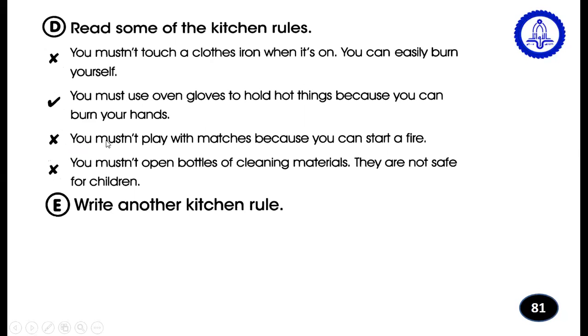Third sentence: you mustn't play with matches because you can start a fire. You mustn't يجب أن لا تلعب with matches بأعواد الثقاب because لأن you can start a fire ممكن أن تبدأ بعمل حريق. إذا نعمل كروس.